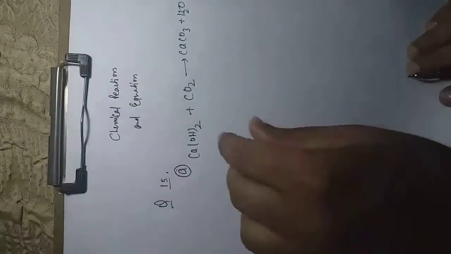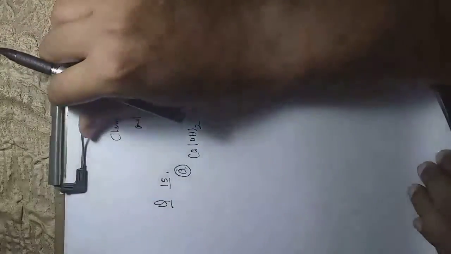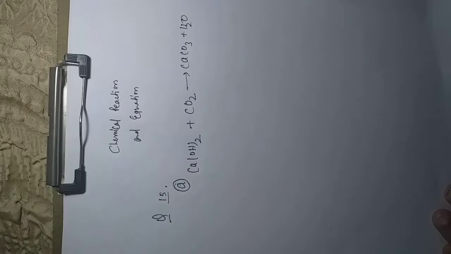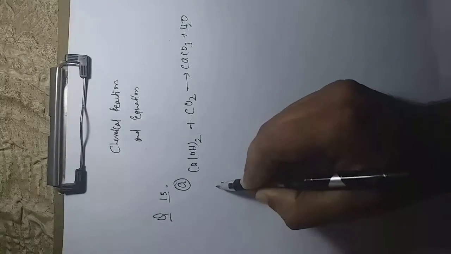This compound we collect from the sample after the reaction, right? So you have to just balance the chemical equation. The number of atoms on the left hand side and right hand side are already equal, so there is no need to balance the chemical equation, correct?